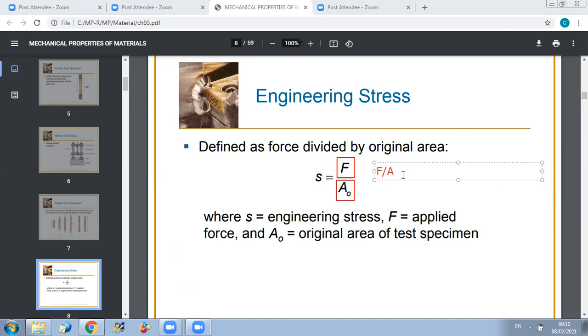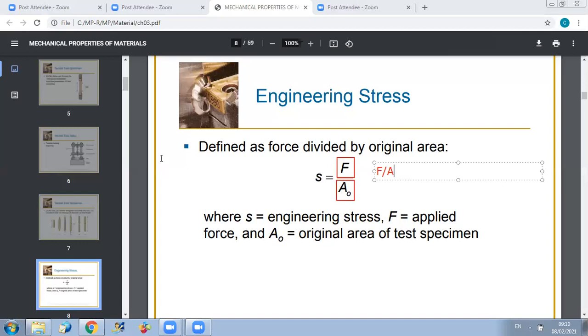So in this case, this will represent the true stress, while the engineering stress is mainly the representation of the force variation. So whenever you want to see how the stress is varying, you can look at the true stress graph, while if you want to see how the force is varying, you look at the engineering stress curve.